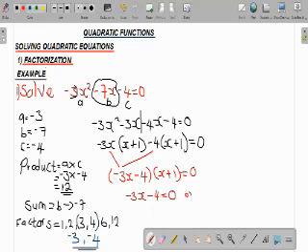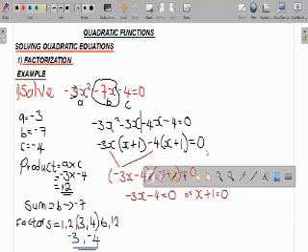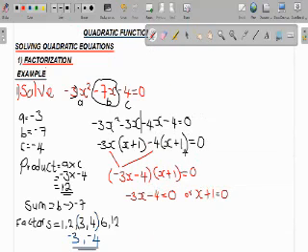And then or, x plus 1 equals 0. That's what we have, and then we can start solving them.